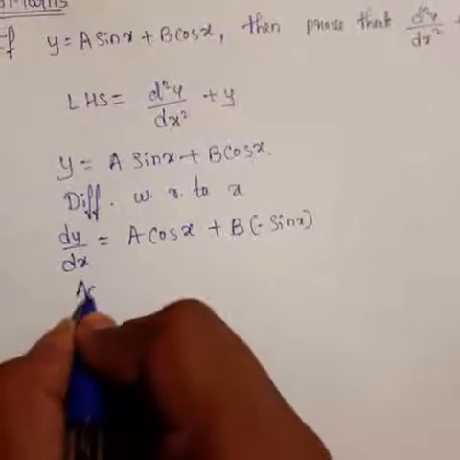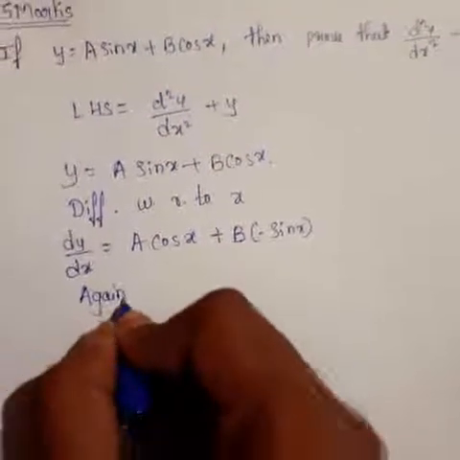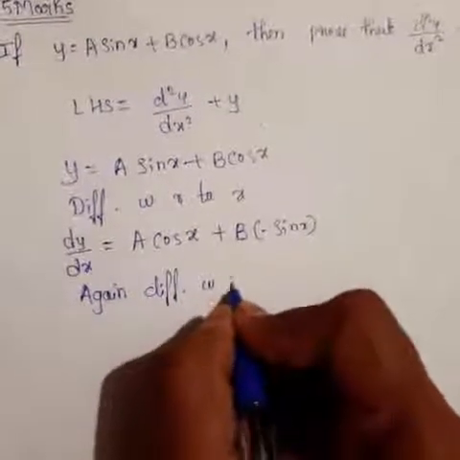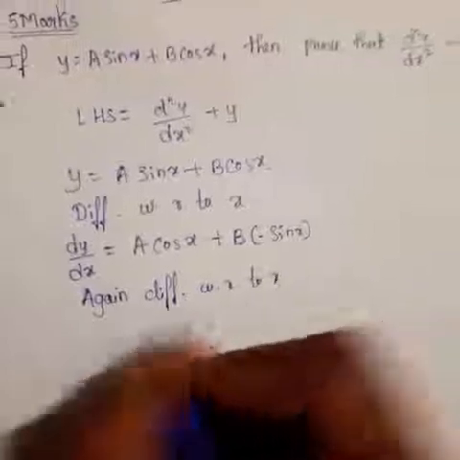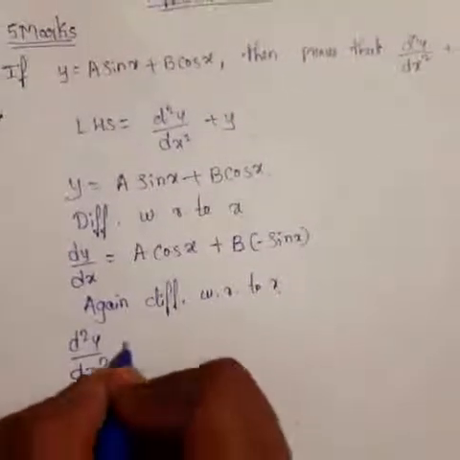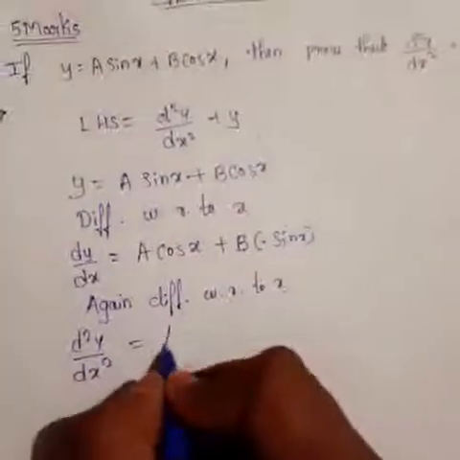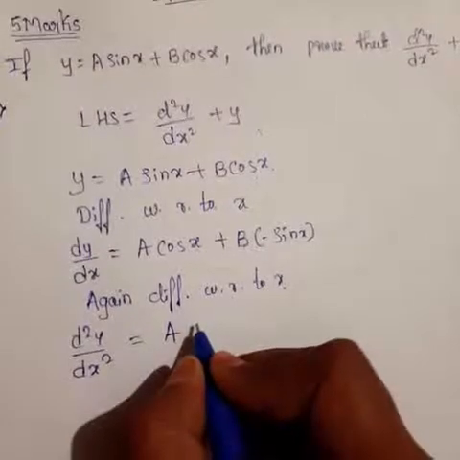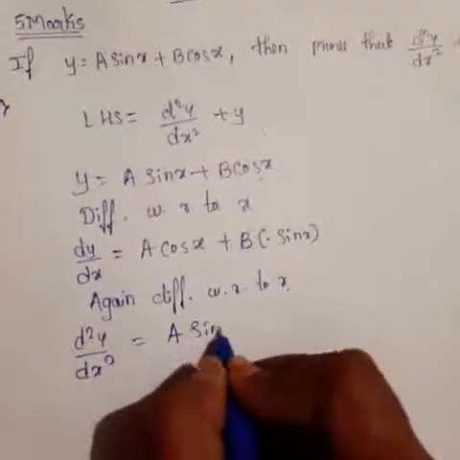Again we have to differentiate with respect to x, then it becomes second order, that is d square y by dx square is equal to, a is a constant as it is, then differentiation of cos x is minus sin x.